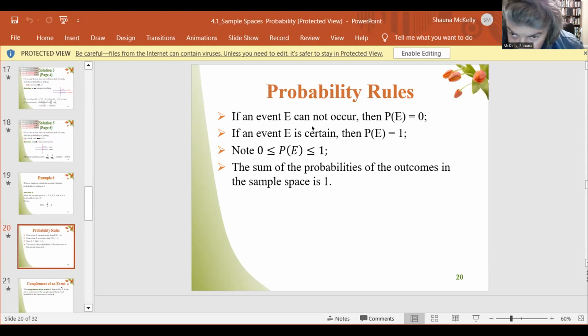If I say an event is certain, then the probability of the event is equal to 1. Probabilities are always positive or 0, okay? Remember, 0 is impossible. 1 is absolutely certain. There's no way for it not to happen.